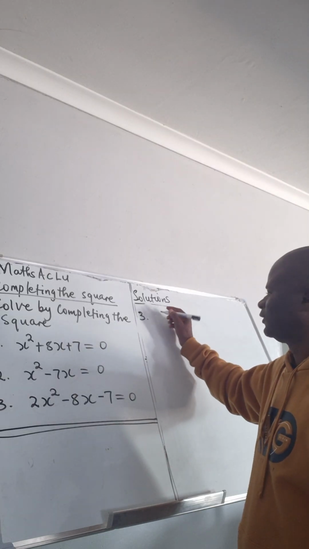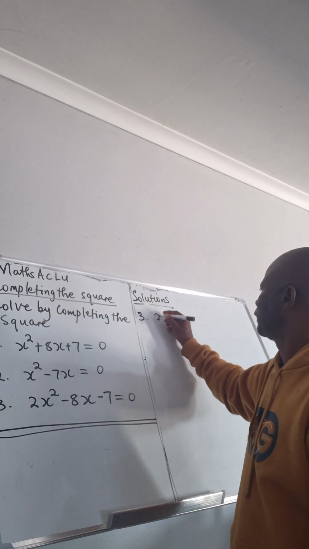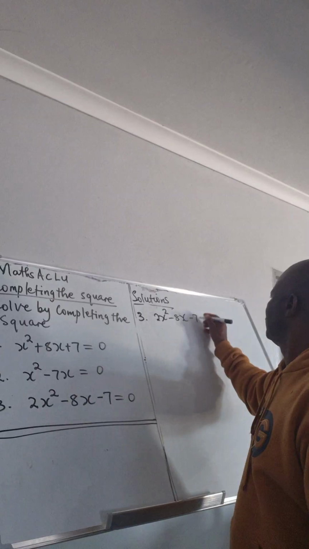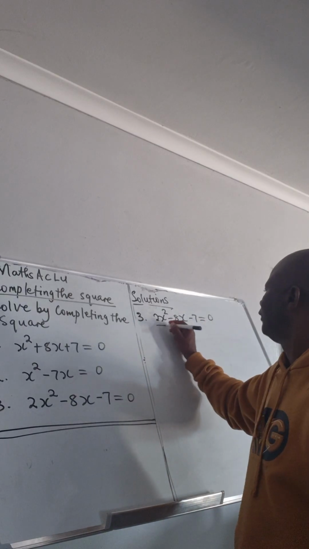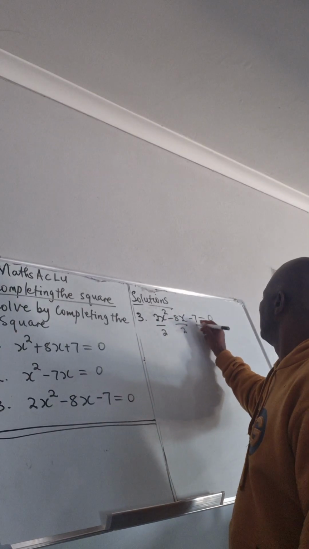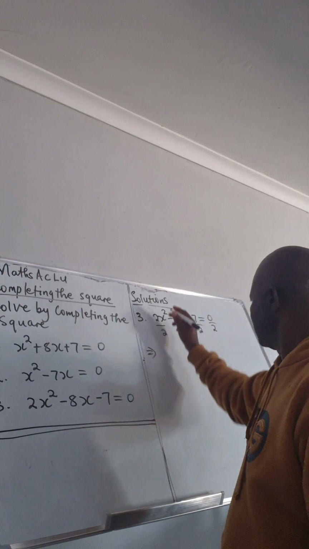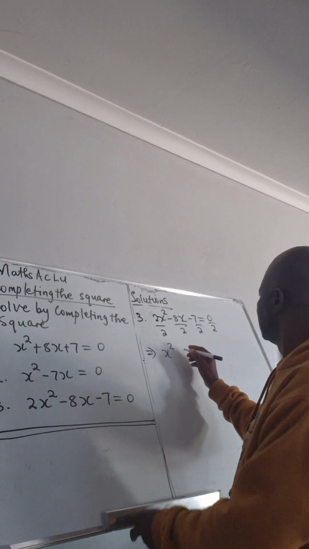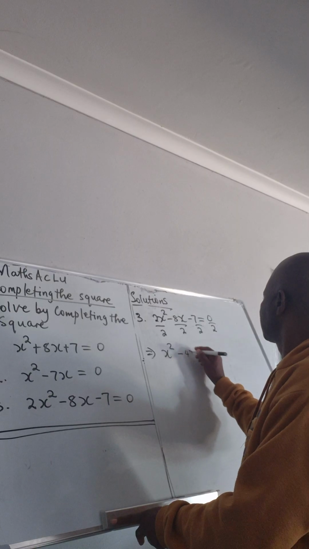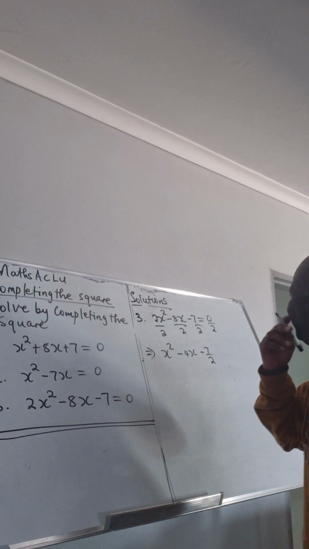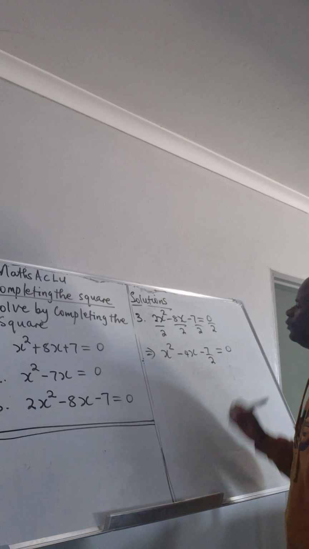So it was 2x squared minus 8x minus 7 equal to 0. So you divide everything by 2, by 2, by 2. So that side here is going to be x squared minus 4x minus 7 over 2 equal to 0.